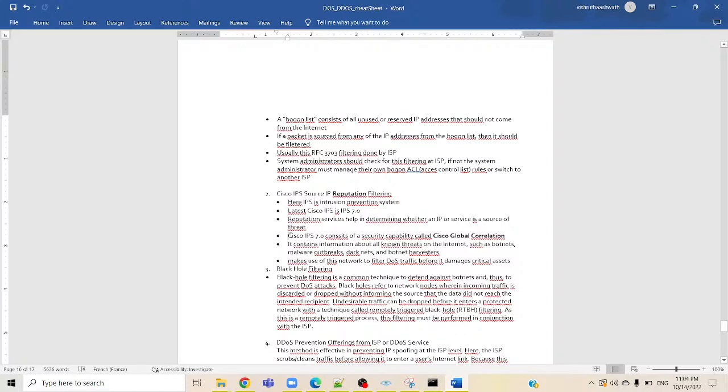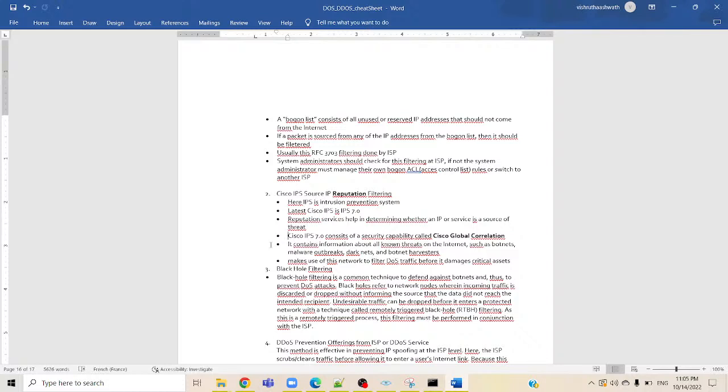Cisco IPS 7.0 consists of a security capability called Cisco Global Correlation. It contains information about all known threats on the internet, such as botnets, malware outbreaks, darknets, and botnet harvesters. It makes use of this network to filter DoS traffic before it damages critical assets.